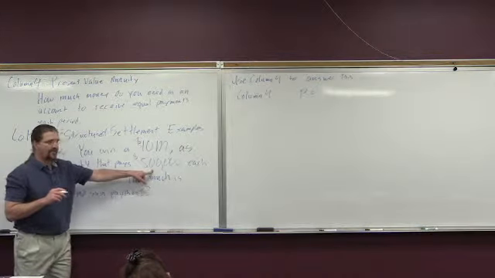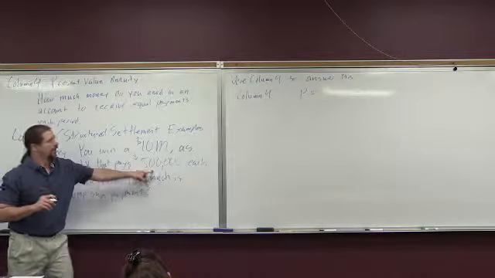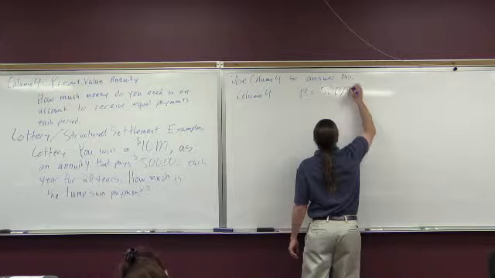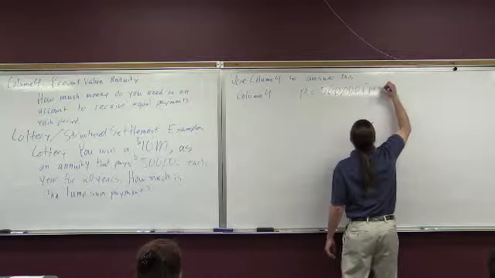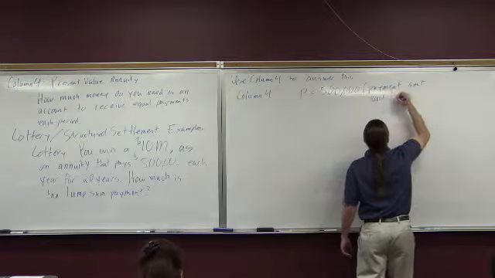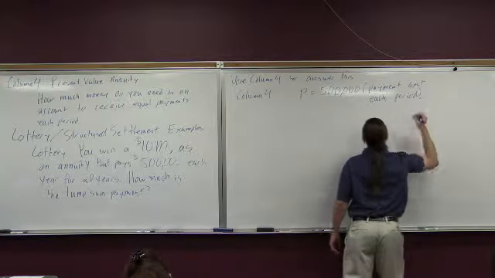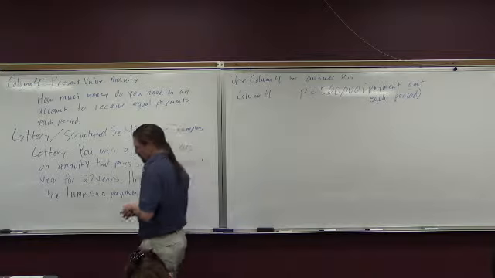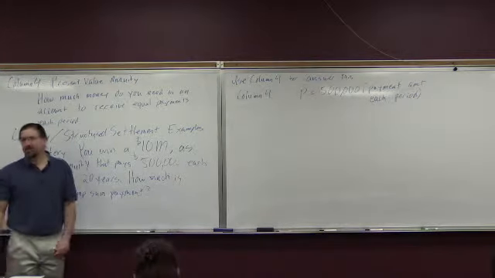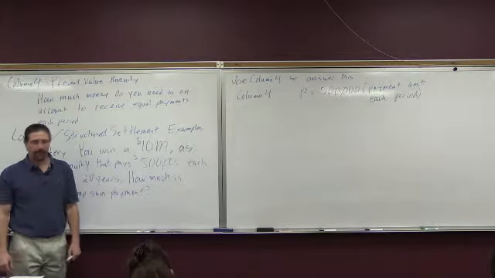It's the payment amount that you're getting each period. So in this case, our P is $500,000, the payment amount each period. All the other stuff, same old, same old.